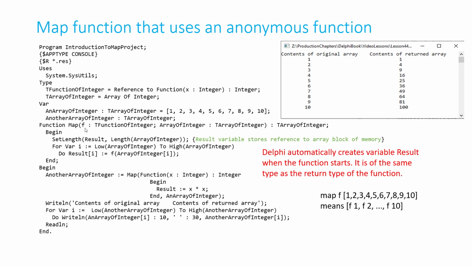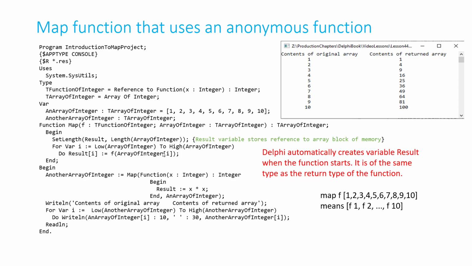Now f is the function that comes in as the first argument to map, so f is actually a reference variable of function data type, and when we actually call the map function here, we're passing it a function that is going to square the value of x.